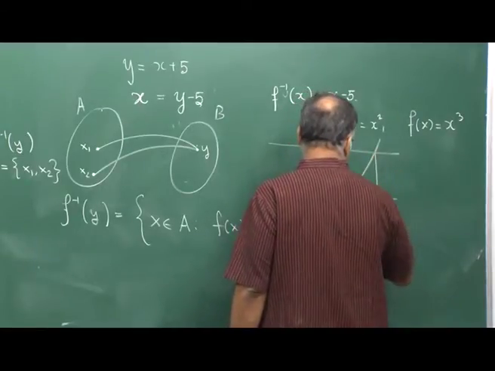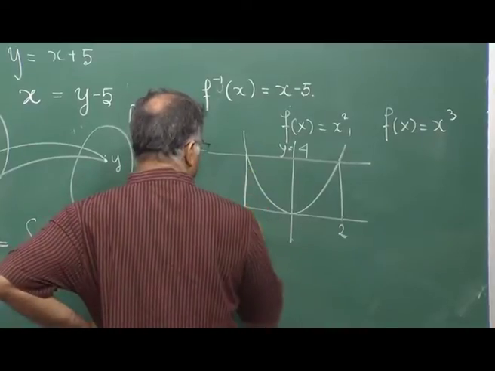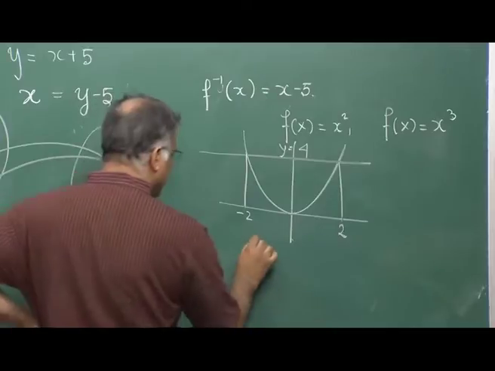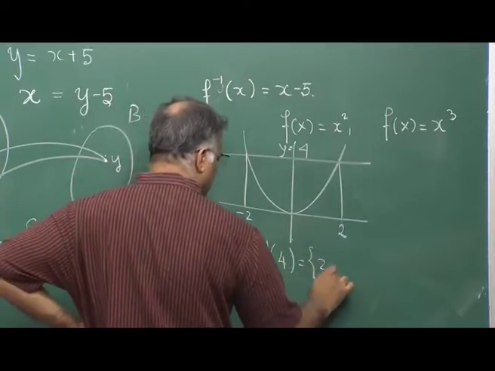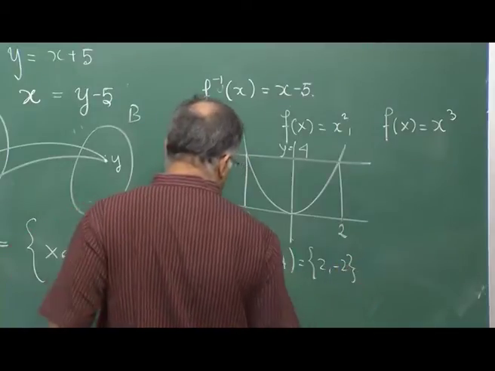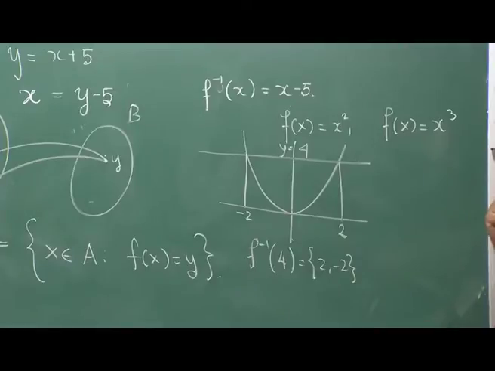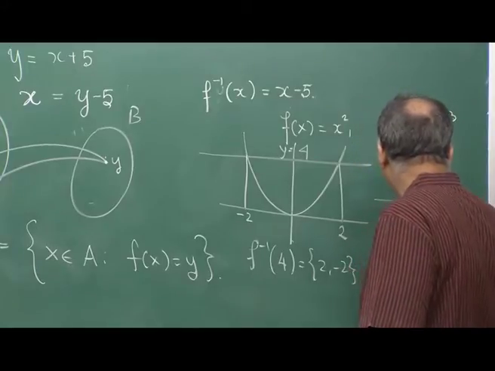Y equal to 4 is achieved by two numbers, 2 and minus 2. The square of minus 2 is 4, square of 2 is 4. So, in this case, f inverse of 4 is the set {2, minus 2}. So, the function x square does not have an inverse, but f(x) equal to x cube does have an inverse.